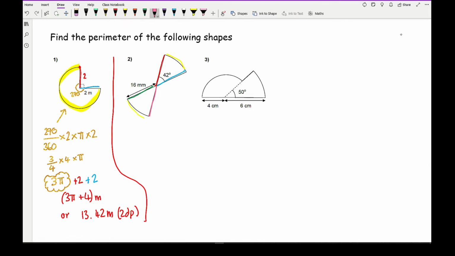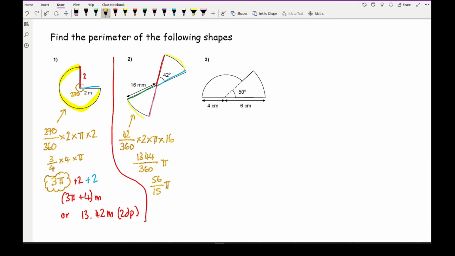So to first of all work out what the arc is going to be, that's going to be 42 over 360 multiplied by 2 times pi times 16. If I type that all into my calculator, 42 times 2 times 16 gives me 1344 over 360 pi, which simplifies to 56 over 15 pi.